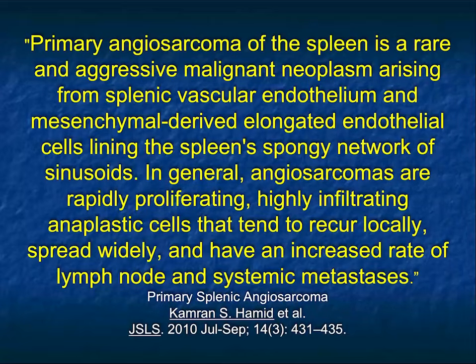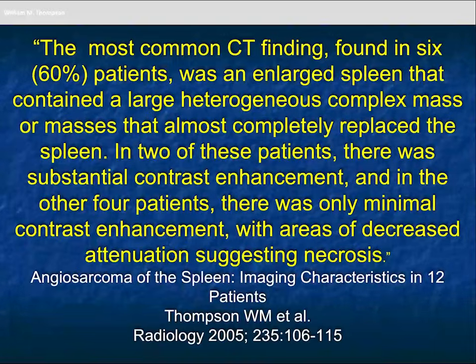Again, a rare tumor. In general, angiosarcomas are rapidly proliferating, highly infiltrative anaplastic cells that tend to occur locally, spread widely, and have an increased rate of lymph node and systemic metastasis. These are a really aggressive tumor. In this one article on angiosarcoma, 12 patients, that's a lot of patients.